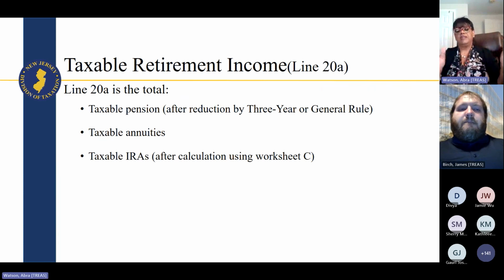All right. Bottom line, once you get done with all these fancy calculations, you've done worksheet A, worksheet B, worksheet C, what you end up with is a taxable portion that goes on line 20A. So line 20A is the taxable portion you have calculated after you've done your general rule, after you've done your worksheet C. That's your taxable portion.